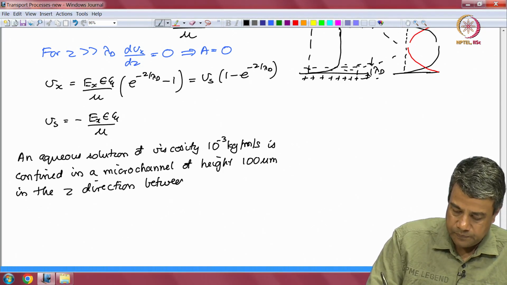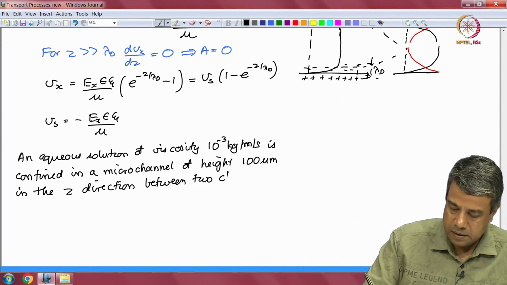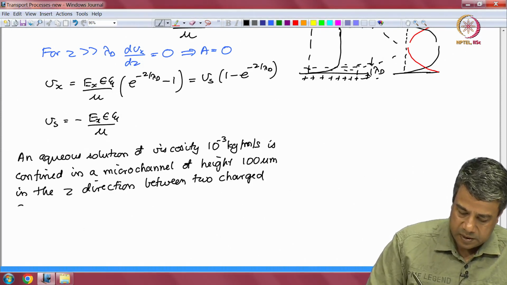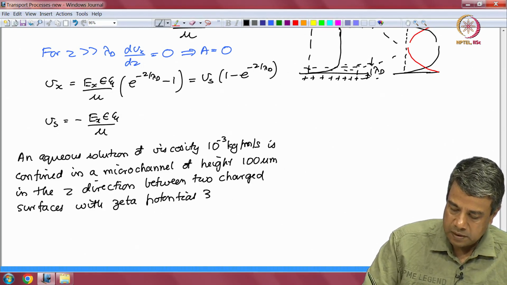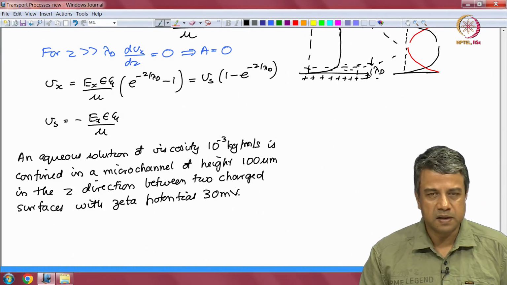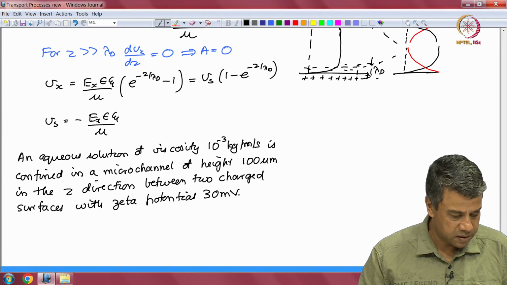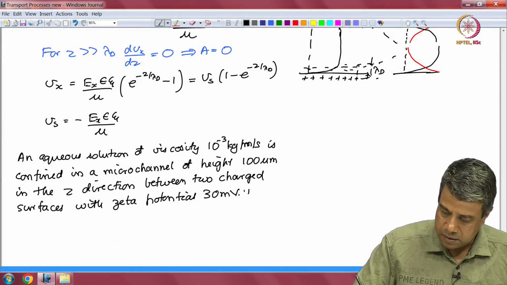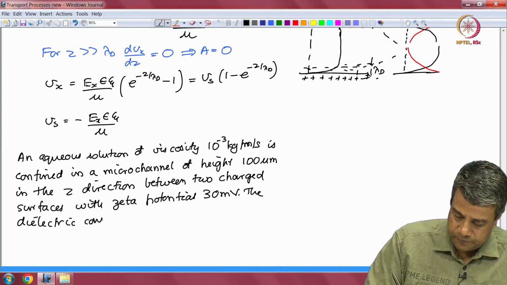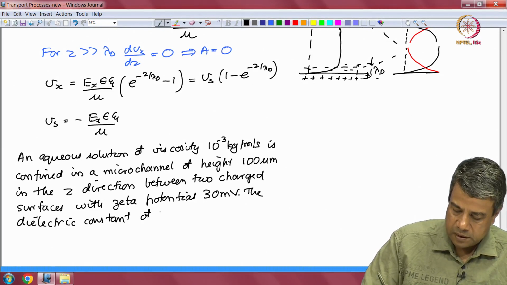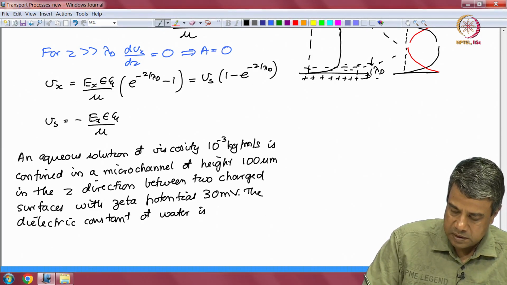between two charged surfaces with zeta potential 30 millivolts. This is a typical zeta potential, of the order of a few tens of millivolts. The dielectric constant of water is 80.